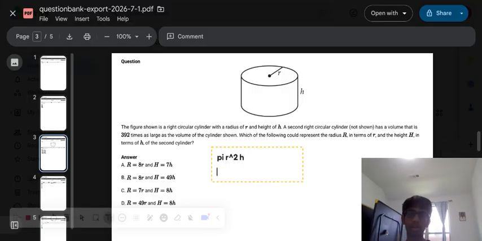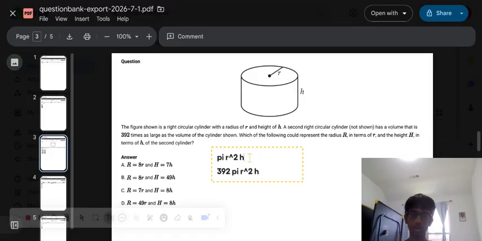So if your original cylinder has this as its volume, then our second cylinder, the largest, will have a volume of 392 pi r squared h, because we know that the volume of our second cylinder is 392 times as large as the volume of our first cylinder.